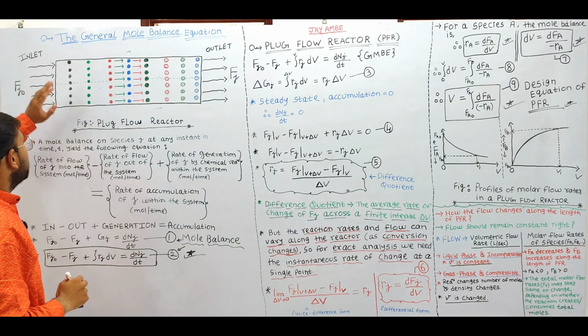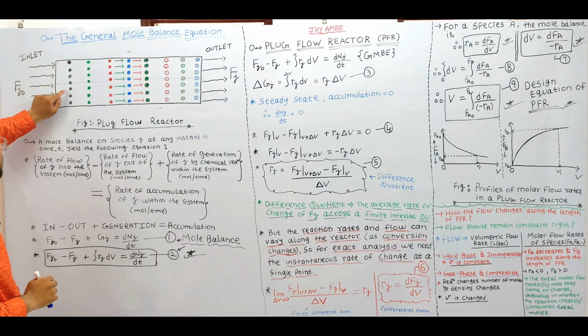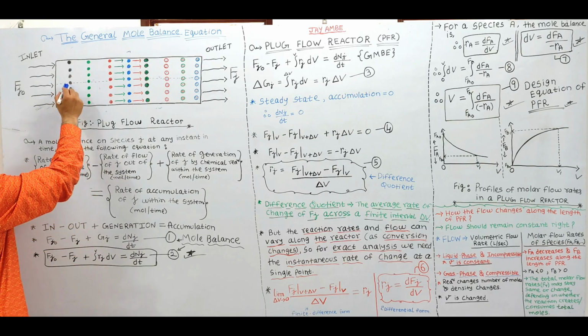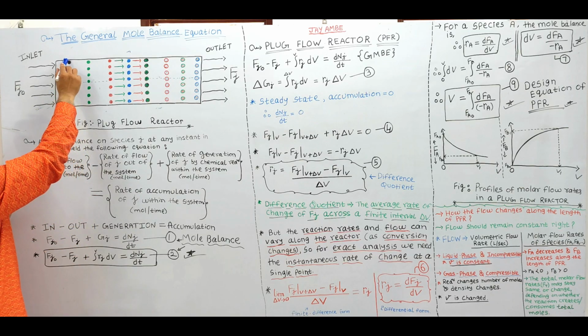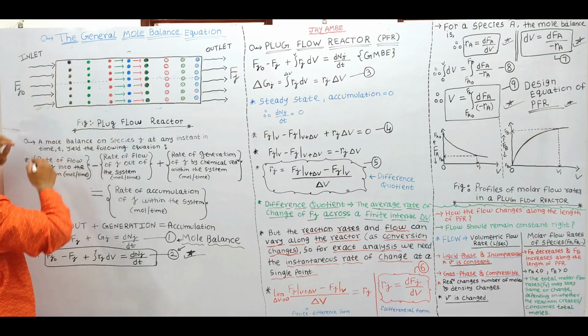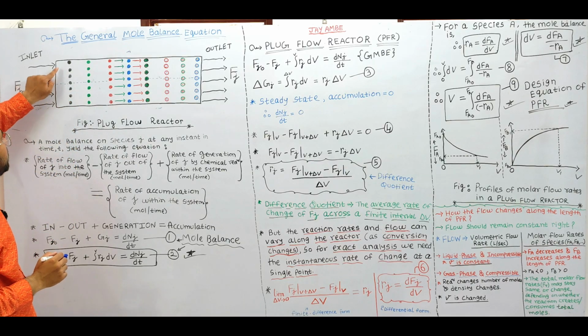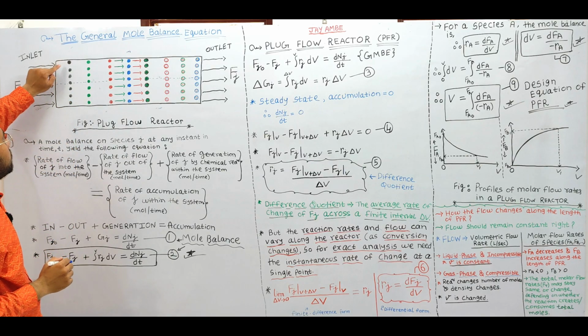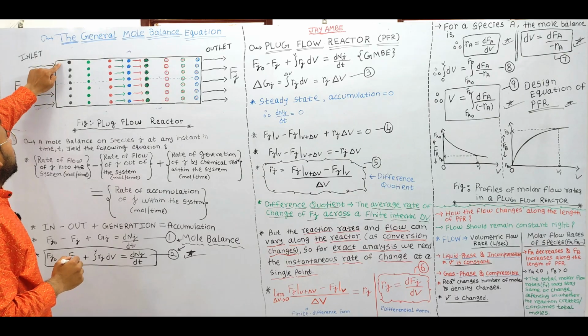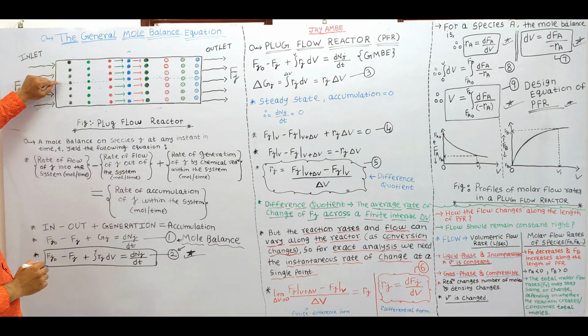Which means, at this axial position, we'll have the radial mixing. From the axis to the top inner surface of the reactor, from here to here, it's called the radial direction.